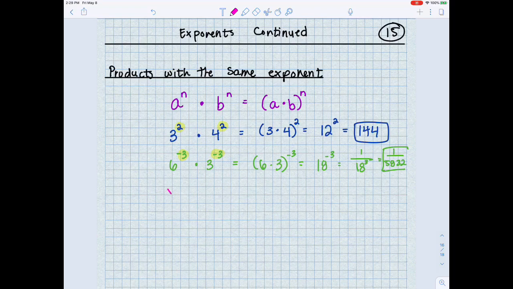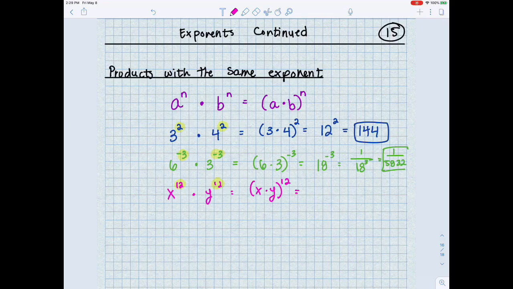All right, let's do an example with variables. Let's stay with the negative exponents. Actually, I'll do 1 positive, 1 negative. So x squared. No, let's do x to the 12th times y to the 12th. Right? I'm just multiplying my bases together, and I keep the same exponent.